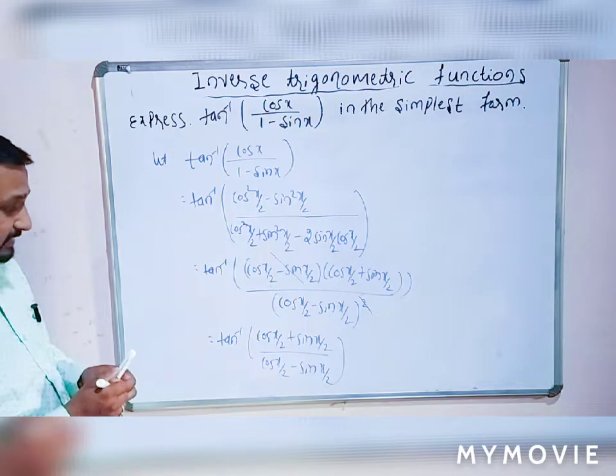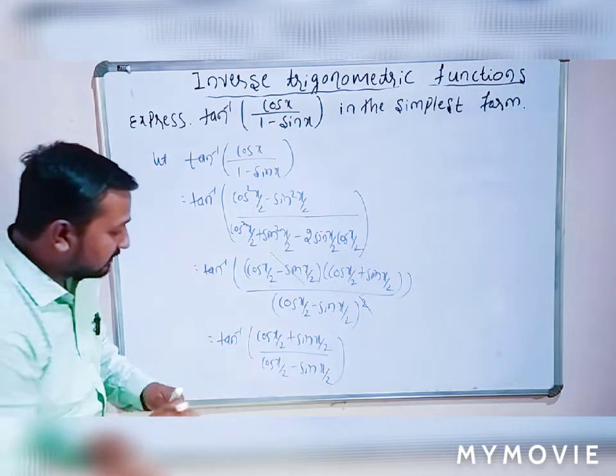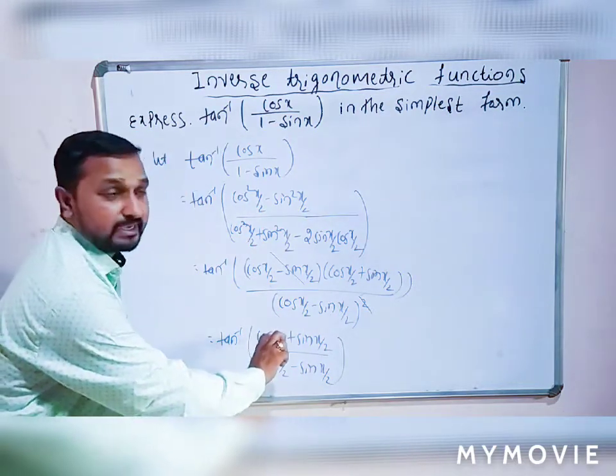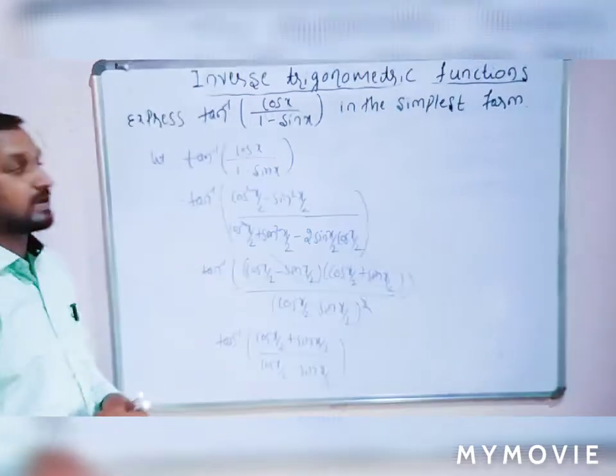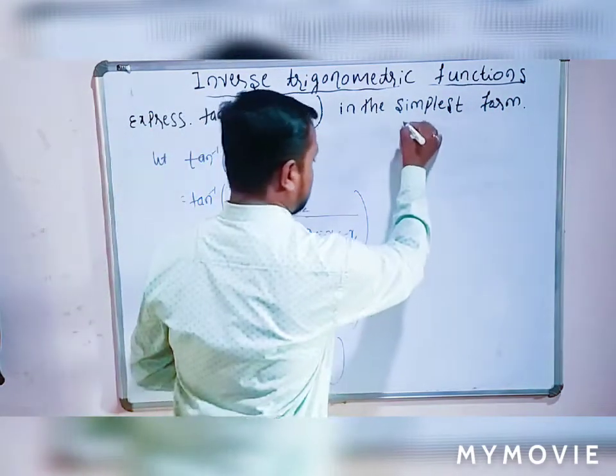Okay. So here in this example, I divide both numerator and denominator by cos x by 2.